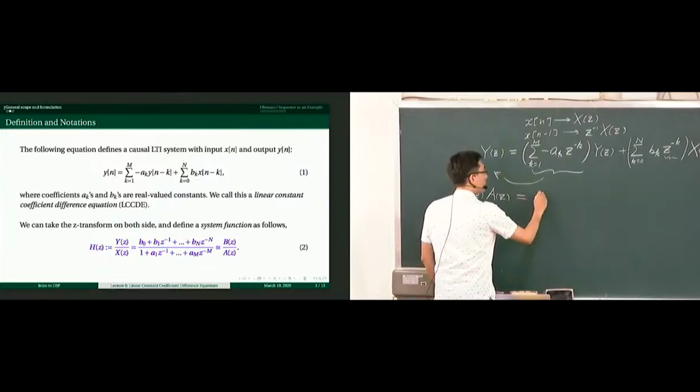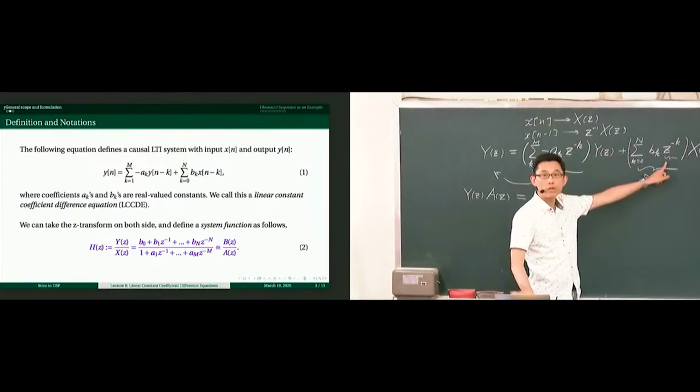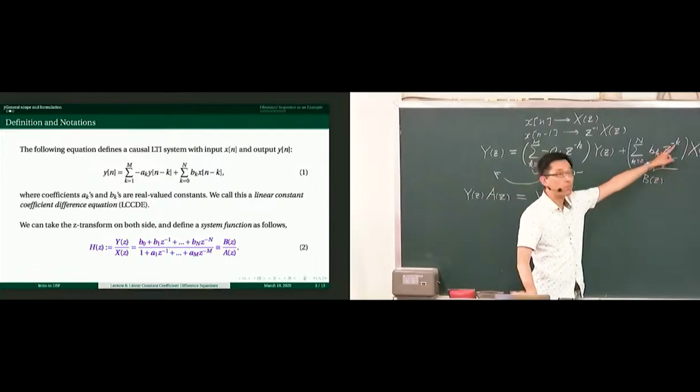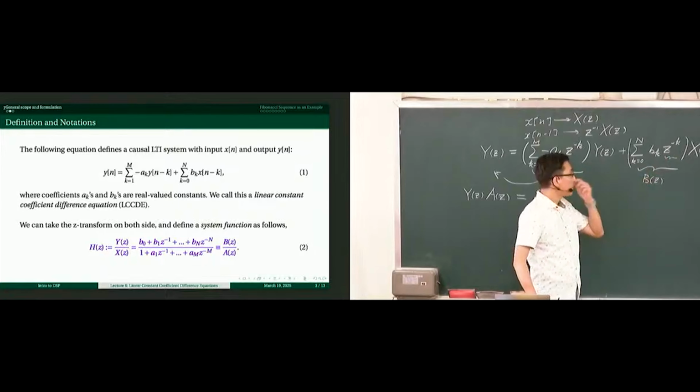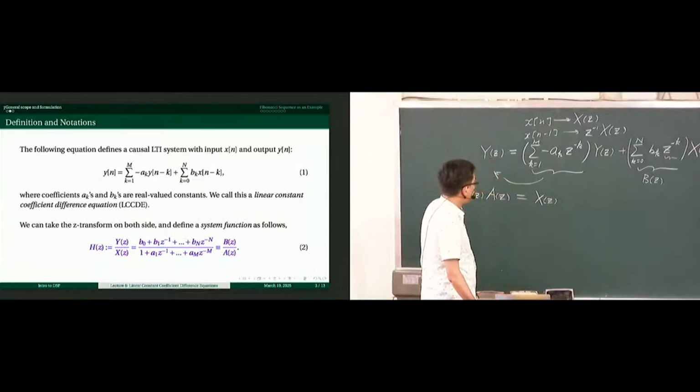If we define this as B of z, then we have a polynomial in 1 over z, or z inverse, z to the minus 1.